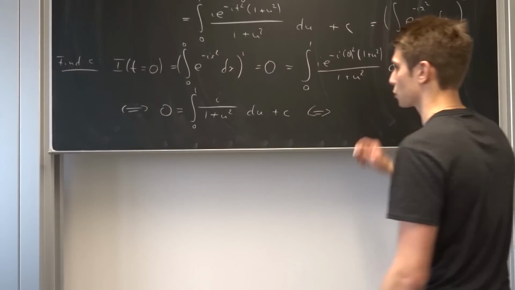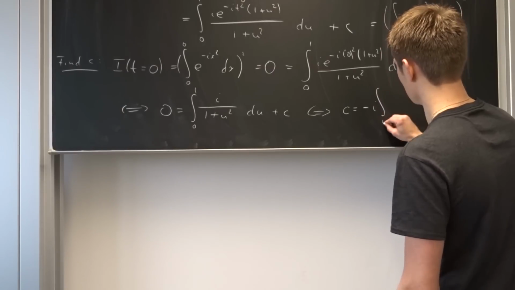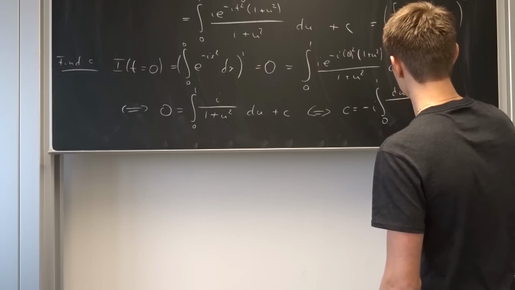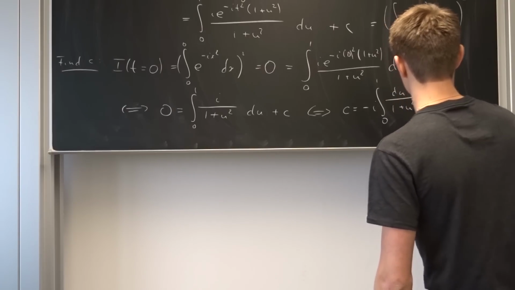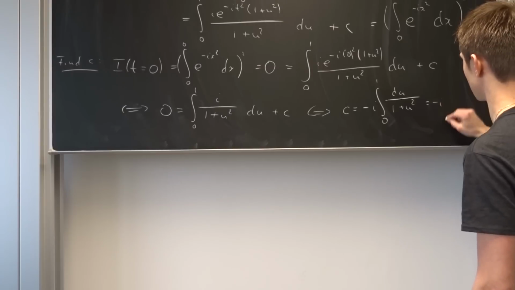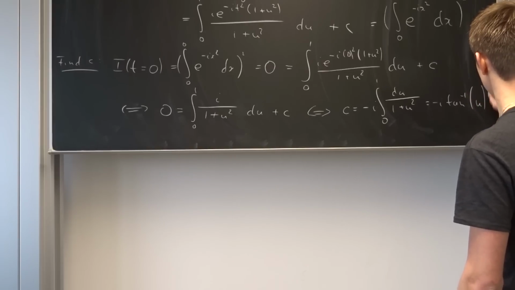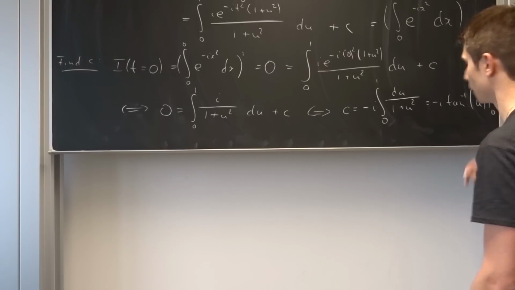So that's equivalent to c equals minus i times the integral from 0 to 1 of du over 1 plus u squared. And this is just the arctangent of u. So that's minus i times the arctangent of u from 0 to 1.